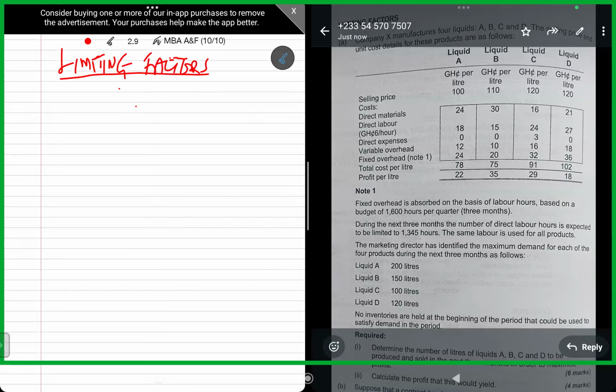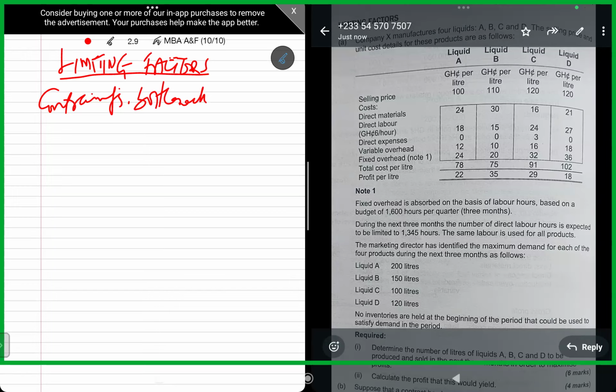Limiting factor talks about what is called constraints. Constraints. Okay. We can also say it's a bottleneck. Right. So because of that, the organization is unable to achieve some optimal performance.